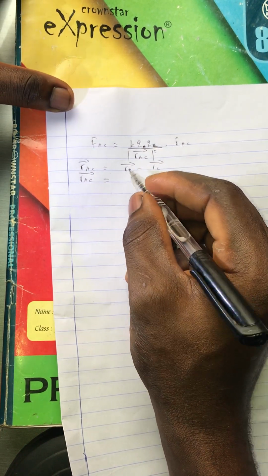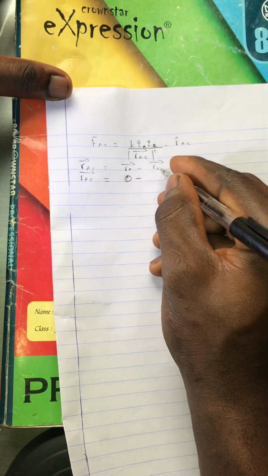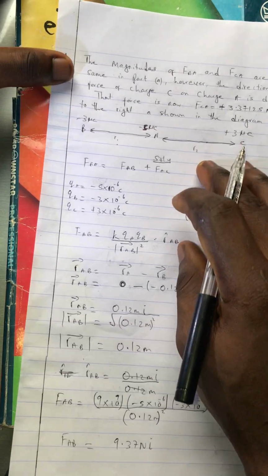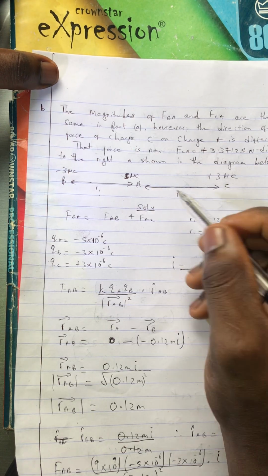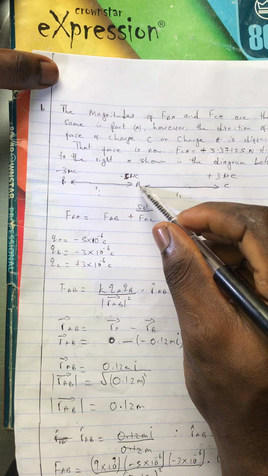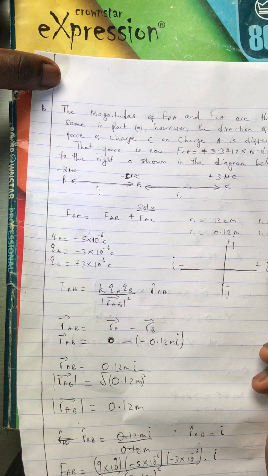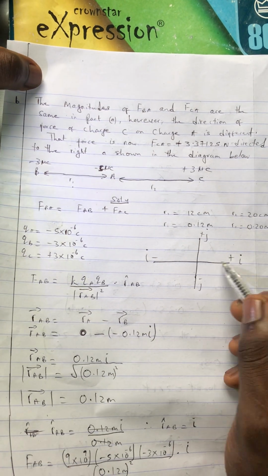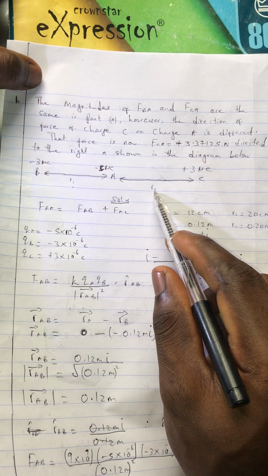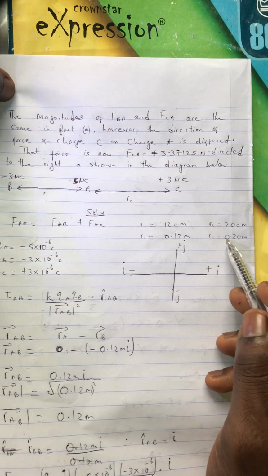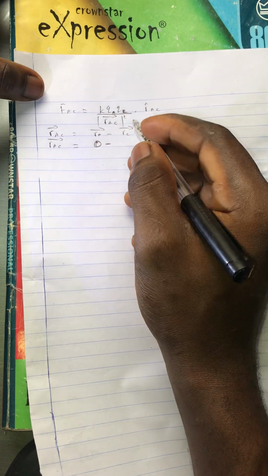I always tell you A is always our origin because this is our starting point, so it is 0, minus the position of C. In this diagram, if I want to check the distance from A to C, you are actually going to our right, and in the Cartesian coordinate, going to your right is the positive side of the x-axis. And you see that the distance of our arrow to here is actually 0.20 meters.